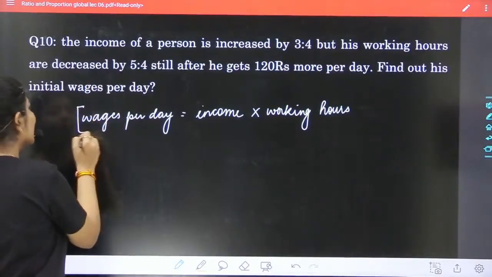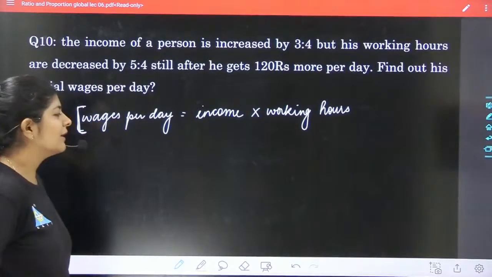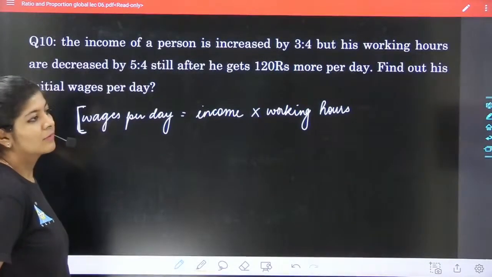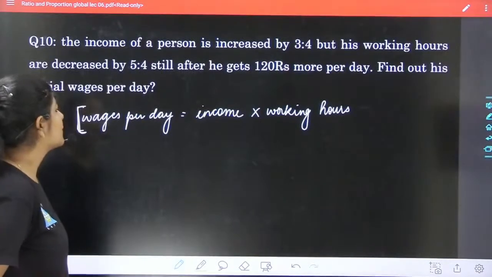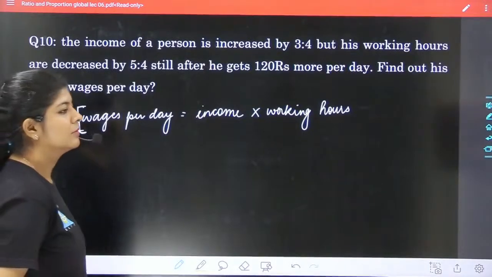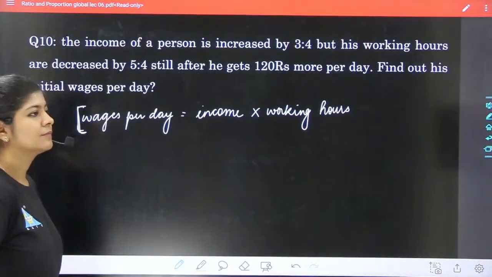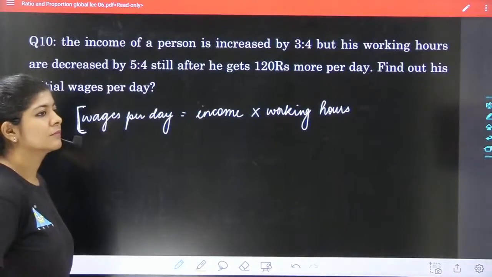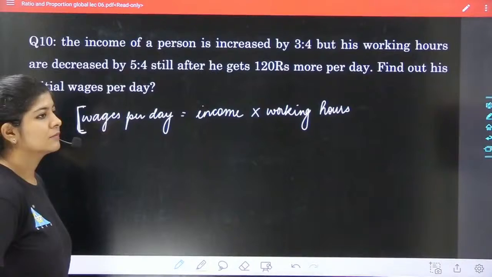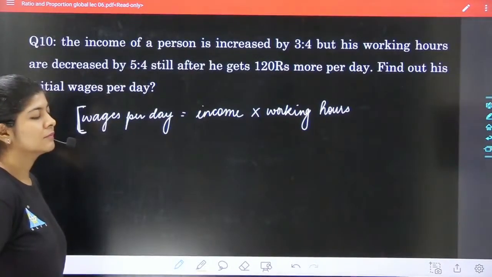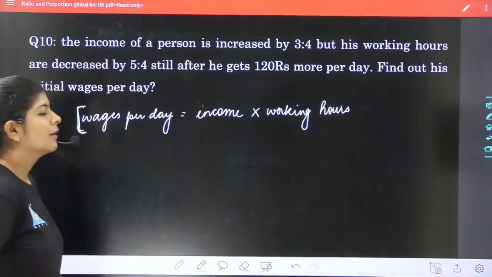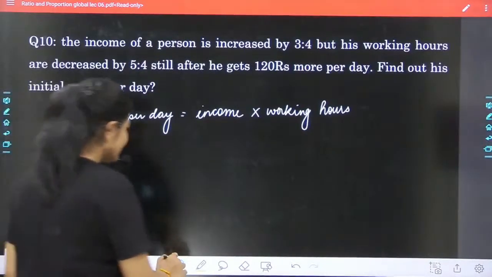We have to apply this formula just to calculate the wages of a person per day. Okay, let's start.